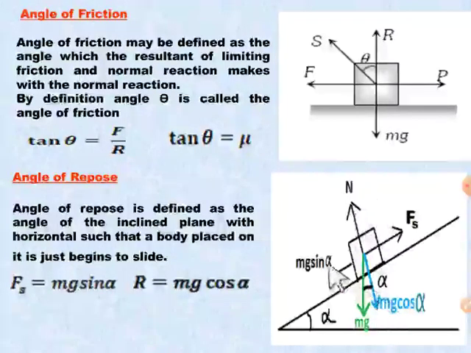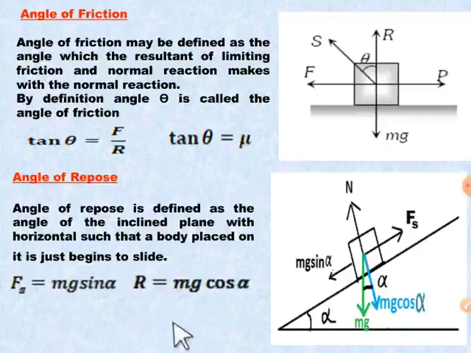So in magnitude, Fs equals mg sin alpha, and the normal reaction, denoted by small n or capital R, equals mg cos alpha. Now take the ratio of Fs and R: divide the left side by the right side. So mg cancels, and sin by cos is tangent of alpha.